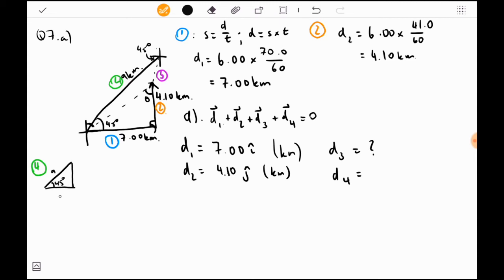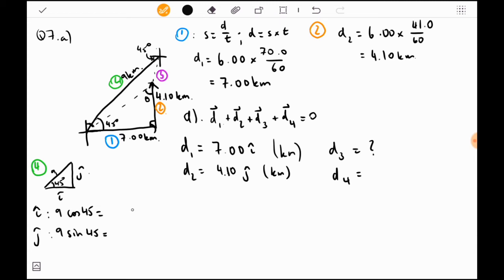To find the i and j components, the i component will just be 9 times the cosine of 45, and j will be 9 times the sine of 45. Any math teachers will be realizing that these are in fact the same. Cos of 45 is equal to the sine of 45. Just an interesting little note there.